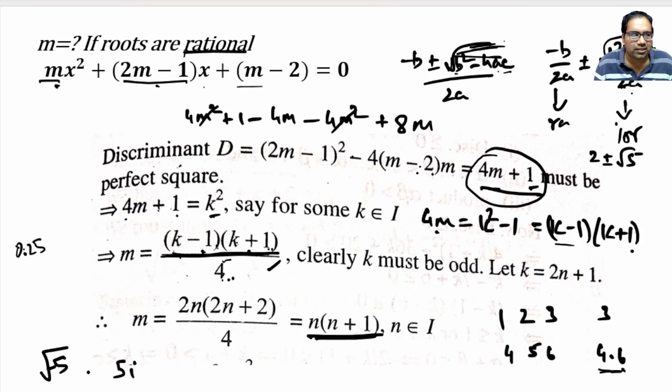We'll get roots like 2 plus or minus 5i or 4 plus or minus 6i, such kinds of roots. These are clearly imaginary roots. For real roots, we want b square minus 4ac to be greater than or equal to 0. And for rational roots, we don't want this irrational part. That means b square minus 4ac should be a perfect square, so that the square root of that is a rational number.